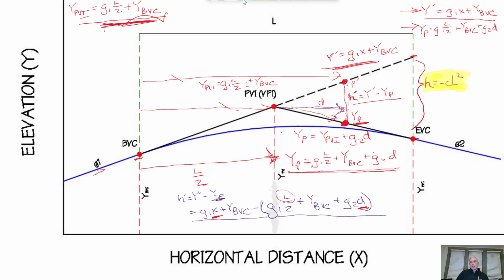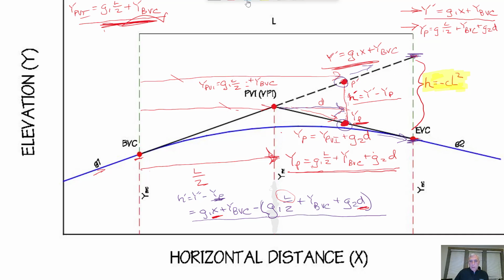So let's try a thought experiment. What if we let this point continue moving until we get all the way to the end of the vertical curve? So we consider what this h prime is at this location at the EVC.